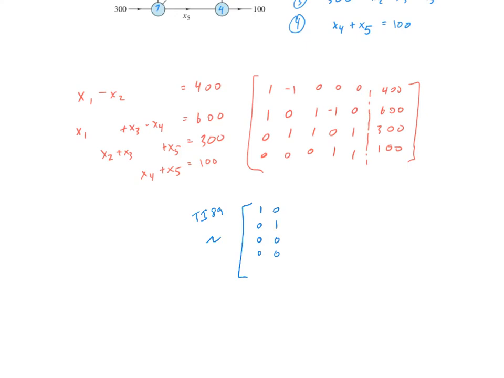And my x3 column is 1, 1, 0, 0. x4, 0, 0, 1, 0. x5 has a 1, a 1, a 1, and a 0. Dotted line, 700, 300, 100, and 0. All right, and so what we find, we get a row of zeros.